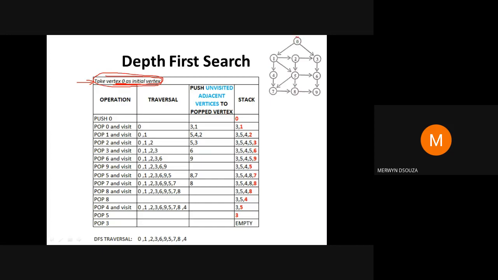Initially, all are in the initial state, so I'll circle them like this so that you understand better. For exams, you need not circle them, but you can if you want. It's better for you to understand, otherwise you will get confused.